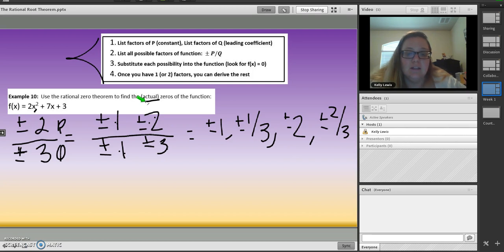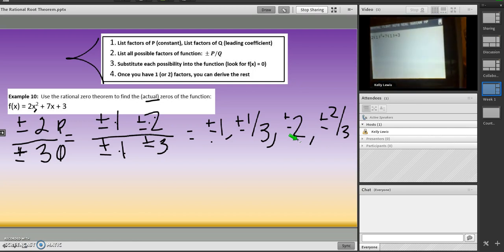All right, as my go-to, I start off with the whole numbers. So I'm going to plug in 1. I'm literally just substituting.